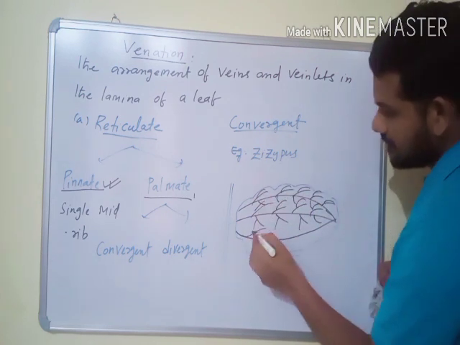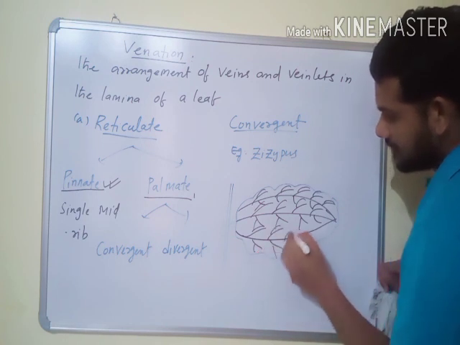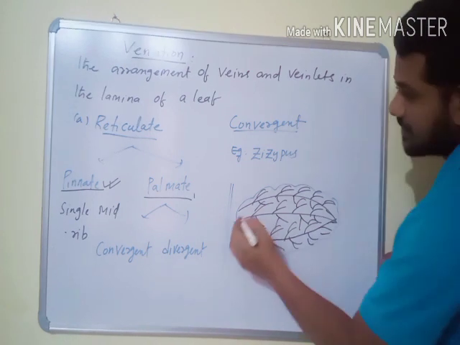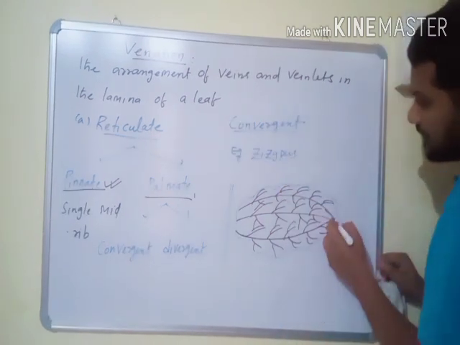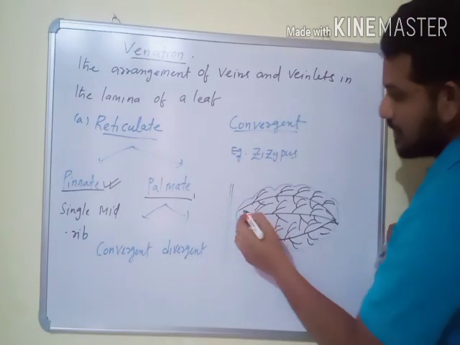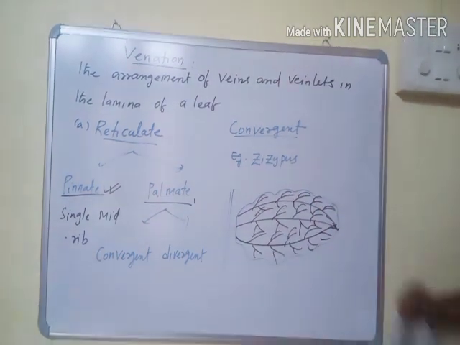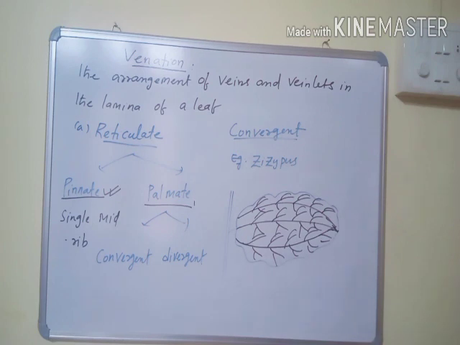reticulate venation is of different types, but whatever the type, presence of reticulum is the characteristic feature, and this is called convergent. And what is the specific or unique nature of this convergent reticulate venation?